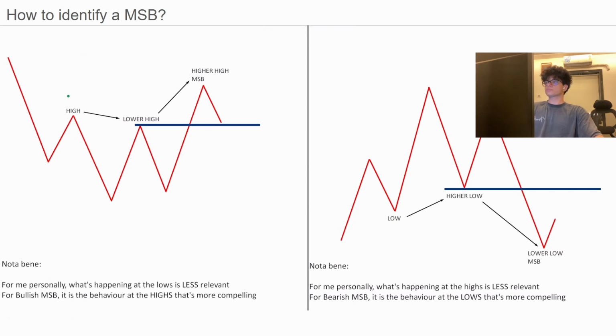So as you guys can see here, price is going down, right? It's making lower highs and lower lows, lower low, lower high. But what happens suddenly? Price does not make a lower low, so I'm going to put a cross here on the lower low. It does not make a lower low, right? But instead what price does is it makes a new higher high.